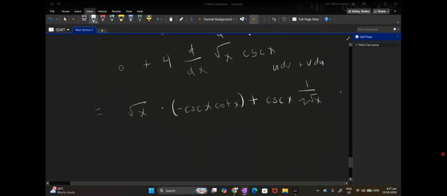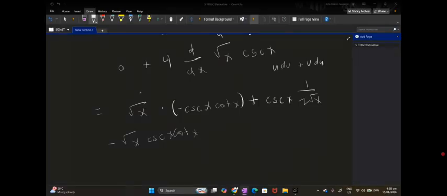Now, pwede na natin siyang pagsamahin lahat. So it's gonna be negative square root of x, cosecant of x, cotangent of x. Inilabas si negative. Bawal natin siya isingit, kasi etong function na to, as 1 siya, isang buo siya.